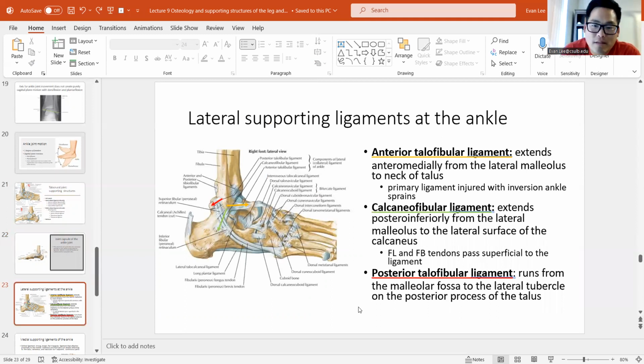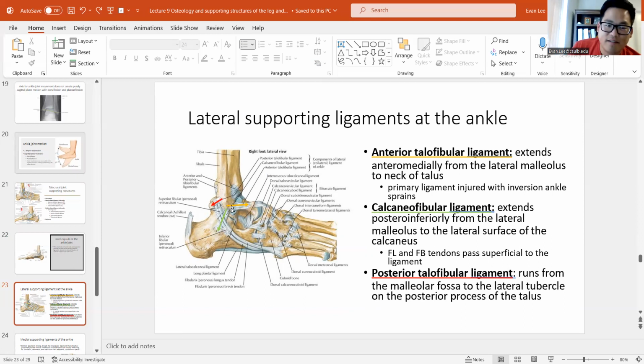Looking at the lateral ligament. So once again, what bone is on the lateral side of the leg? That's the fibula. So the lateral supporting ligaments you can see, you have the anterior talofibular ligament. You can see that right over here. So fibula to talus on the front, anterior talofibular ligament.